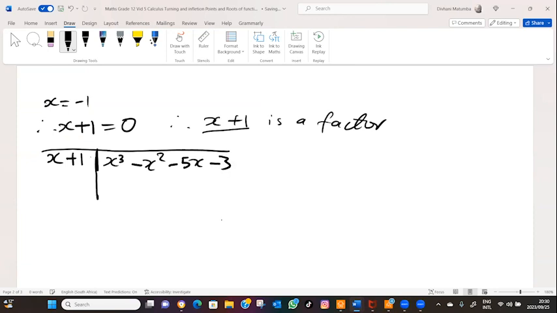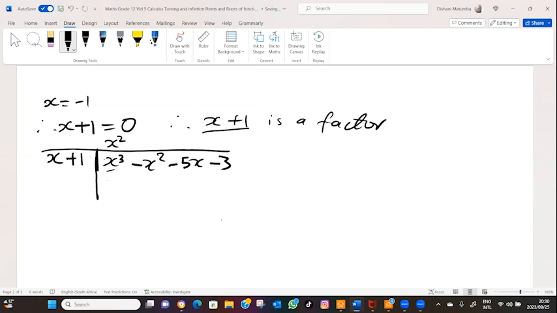All right. Now, we're gonna start by dividing x to the power of 3 by x, which is x to the power of 2.